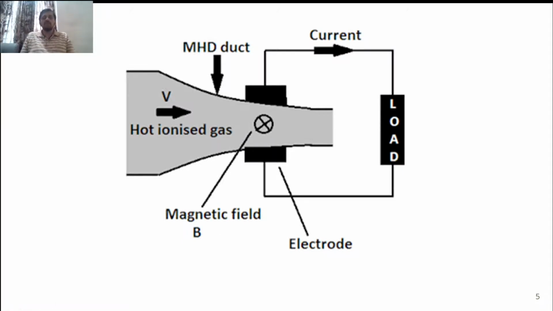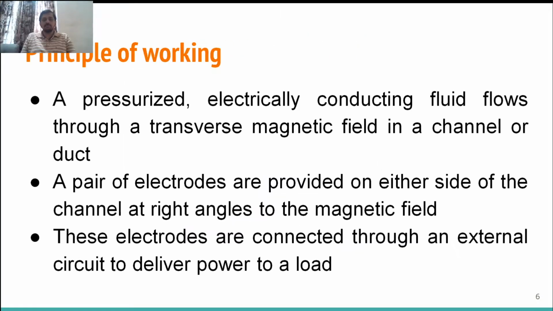So we need a duct, then an anode and a cathode, and a magnetic field. To produce the magnetic field you may require strong magnets, then an external circuit to take out the generated power.